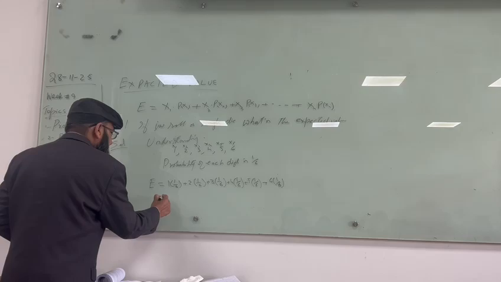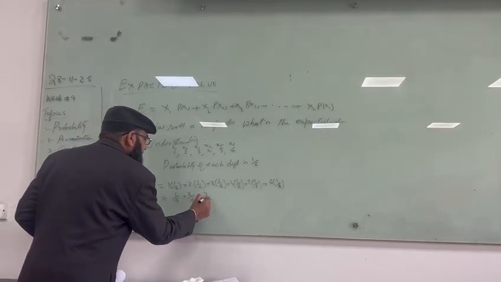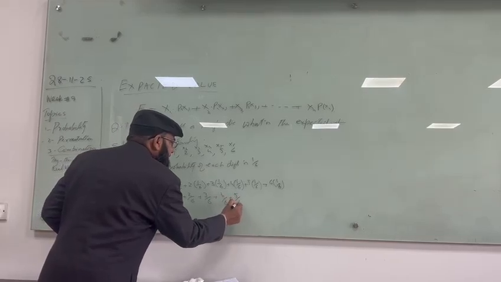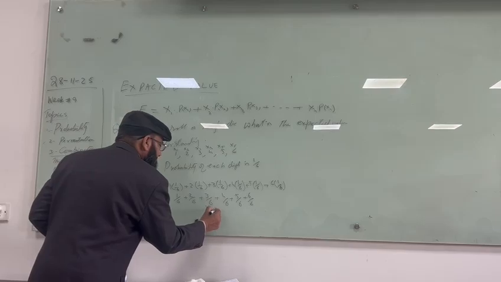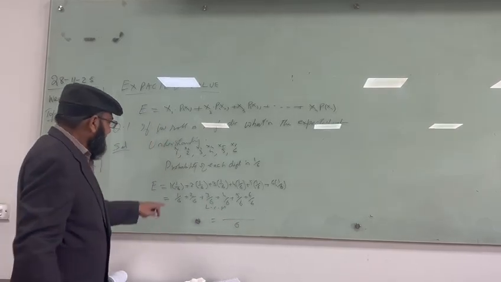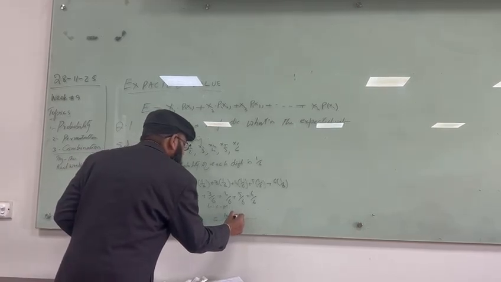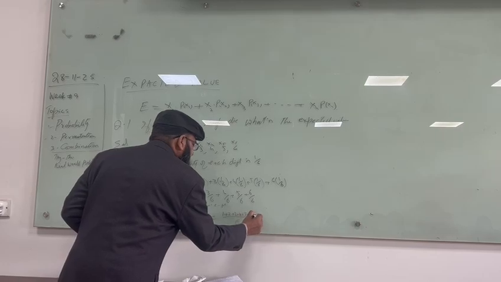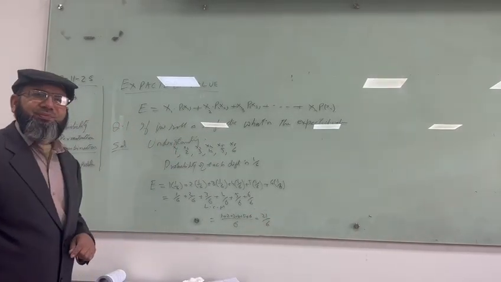It is 1 over 6, 2 over 6, 3 over 6, 4 over 6, 5 over 6, 6 over 6. Taking LCM, which is 6, and adding 1 plus 2 plus 3 plus 4 plus 5 plus 6, these are 21 over 6.